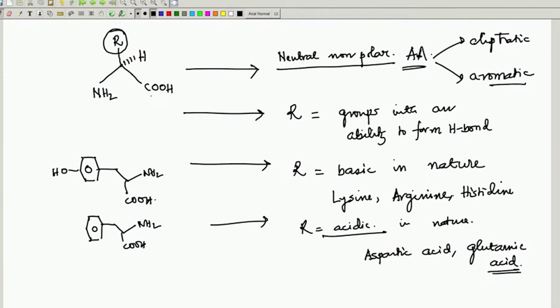So, the first thing that comes to mind, if you forget about R, is that this is basically an amphoteric system, that it has got a basic group and an acid group. The question is, both will affect each other. There is an NH2, there is a CO2H, that is not the same as a molecule which only has a carboxylic acid, and that is also not the same as a molecule which only has the amine.